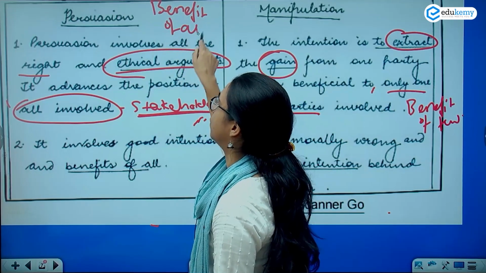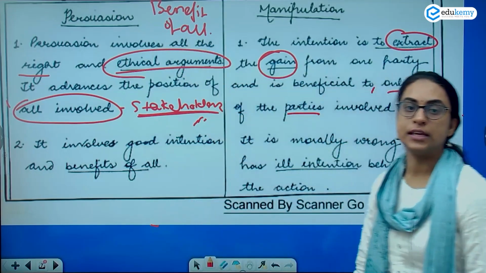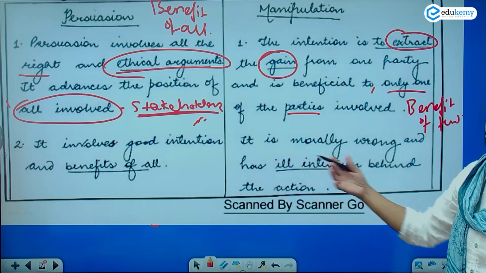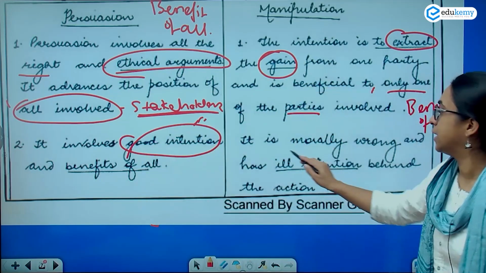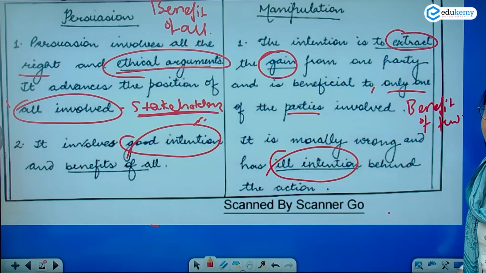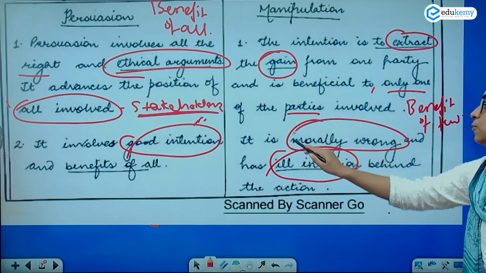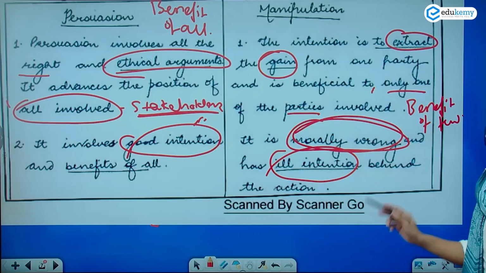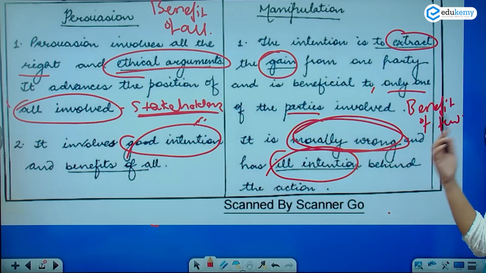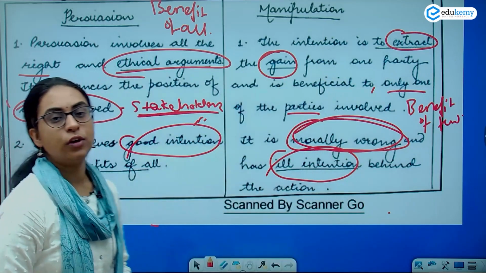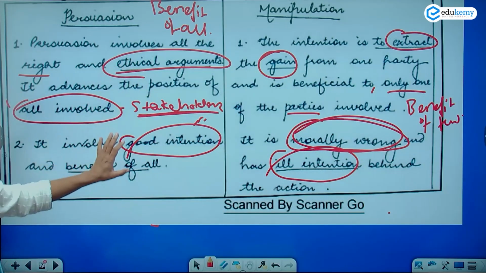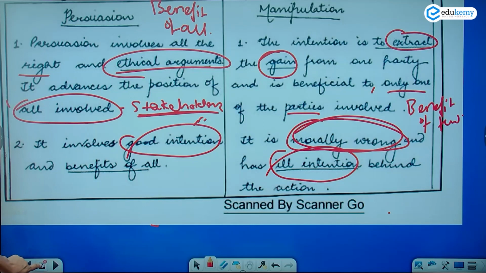The second point of difference is there is good intention, there is ill intention. It is morally wrong. The manipulation is morally wrong. It has ill intention. Whereas in persuasion, you have the good intention. So here we talked about the stakeholders. Here we are talking about the intention.